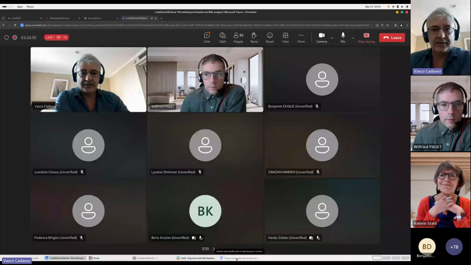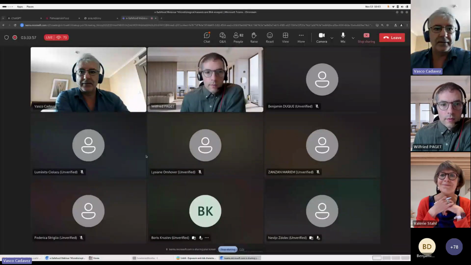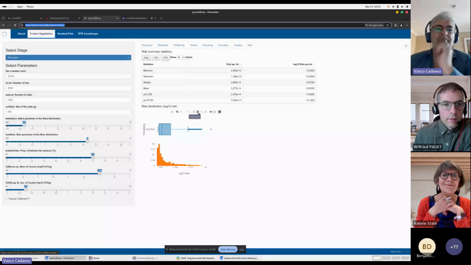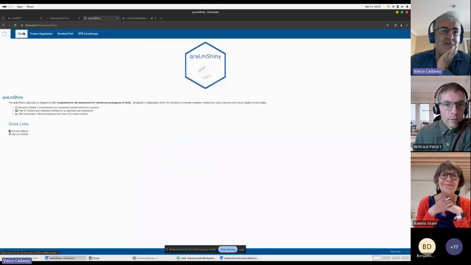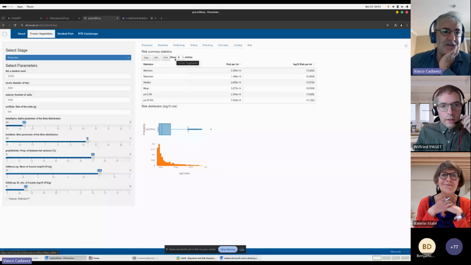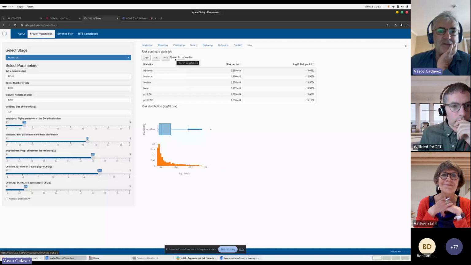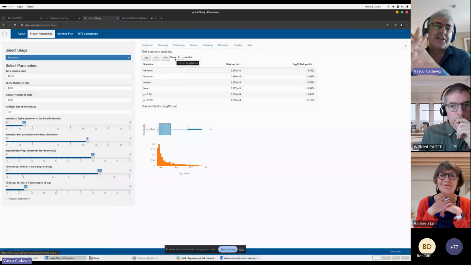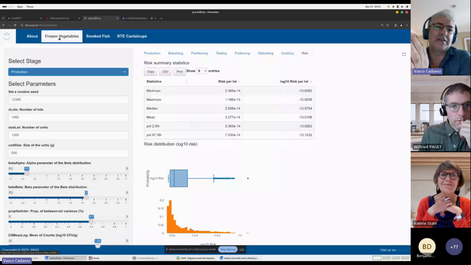So this is the application. You see, the Shiny application is this one. You have frozen vegetables here, and you have the production stage or the risk, and you have smoked fish and RTA cantaloupe. So in this case, we developed the application, the models for these commodities.